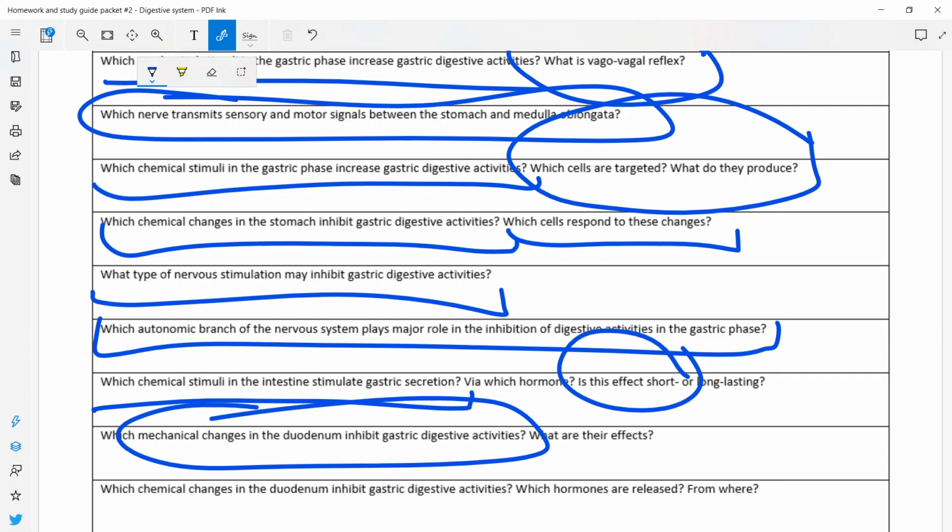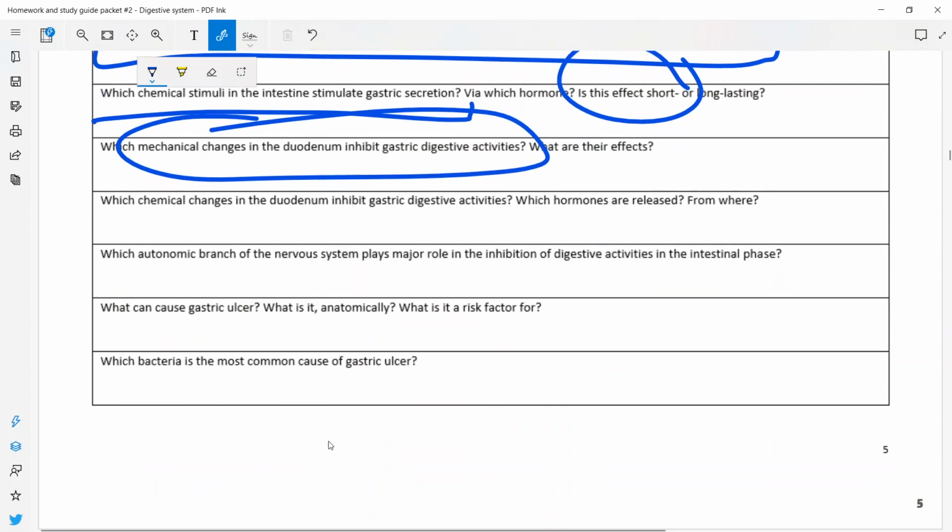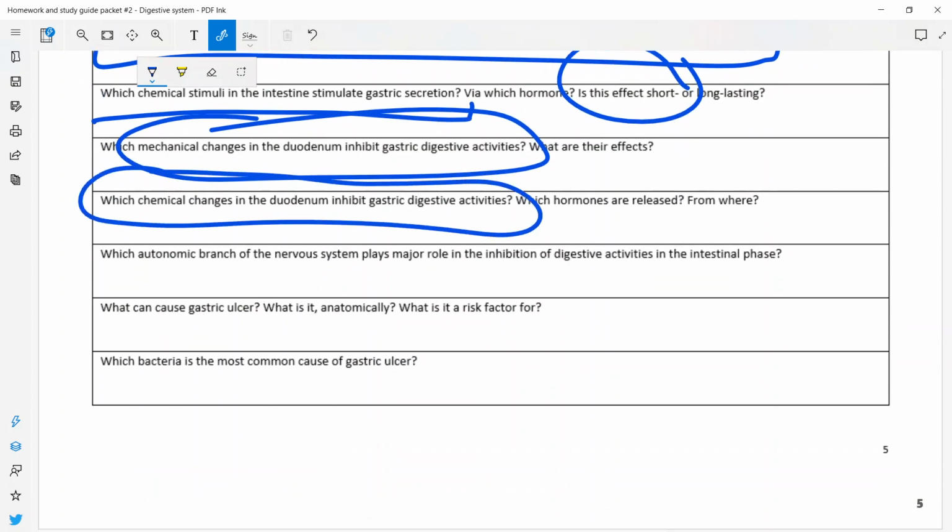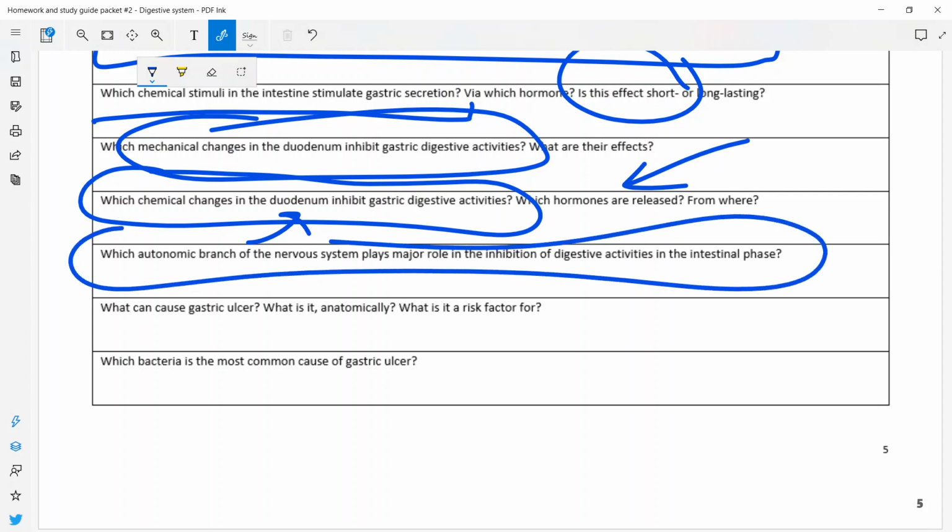And here, presence of food, pretty much presence of fat and presence of acid in the small intestine and the duodenum, they both inhibit digestive activities in the long term via the release of cholecystokinin and secretin from the intestine. Again, when you inhibit digestive activities, it's always through sympathetic.